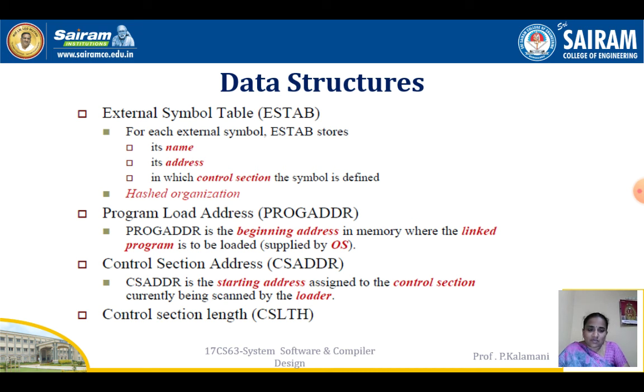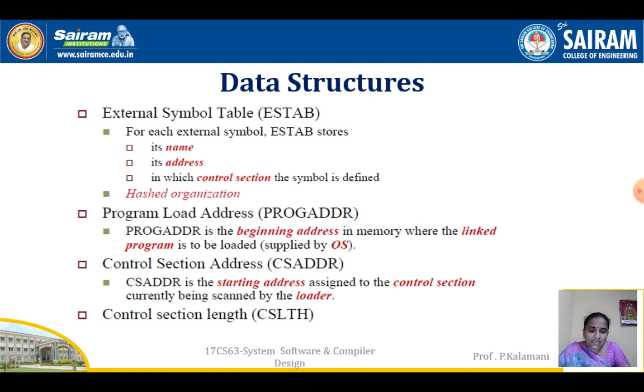Next is the control section address. A program has multiple control sections, and each control section has its own address. To find the next control section address, we add the starting address of the first control section to its length, which gives the starting address of the next control section. CSADDR represents the control section address, the starting address assigned to the control section currently being scanned by the loader.